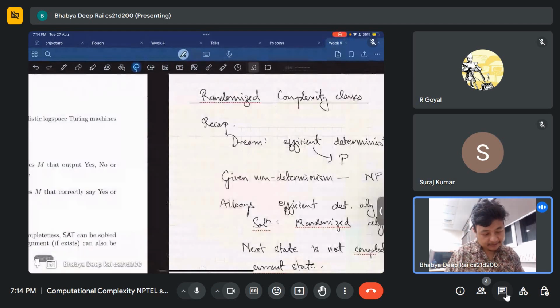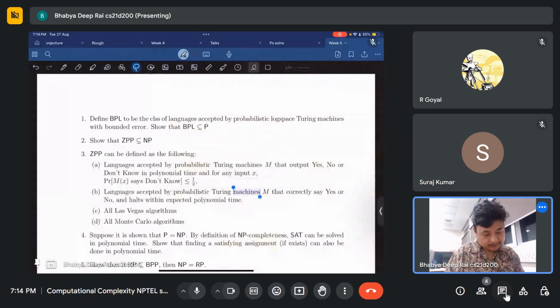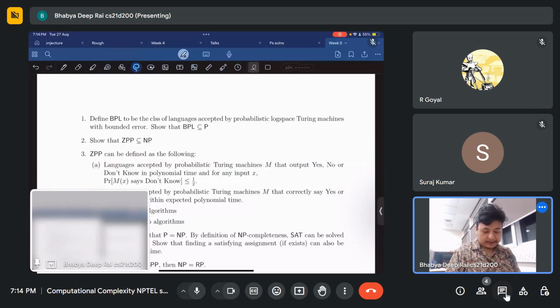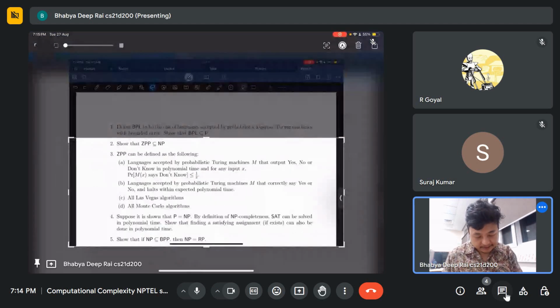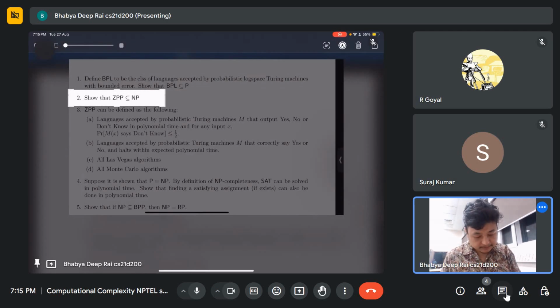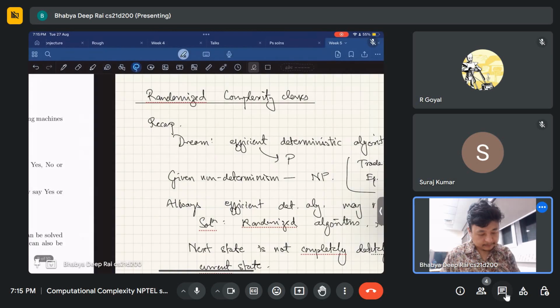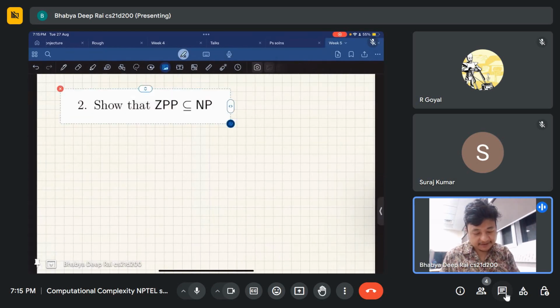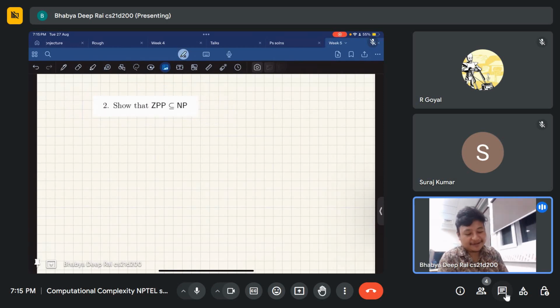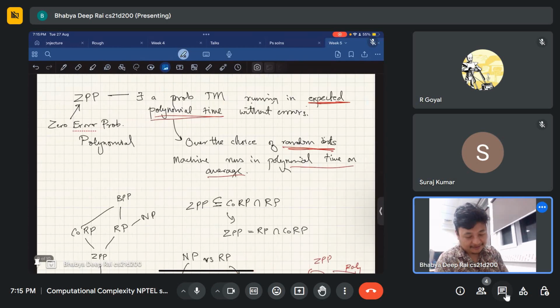Let me take a screenshot and paste it here. Question 2. Show that ZPP is contained in NP. Interesting.